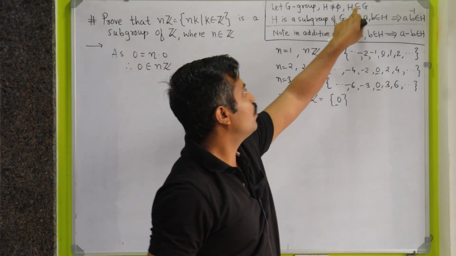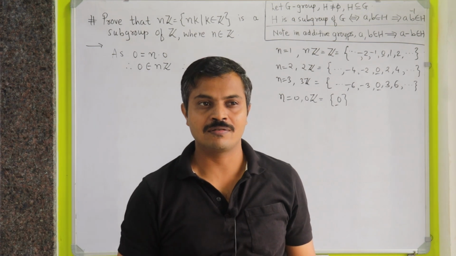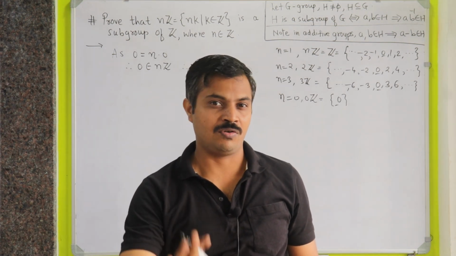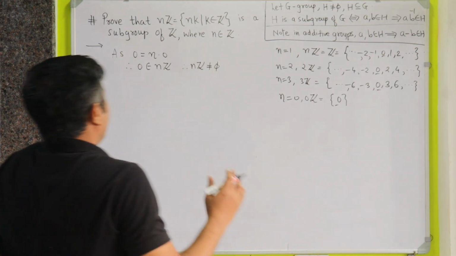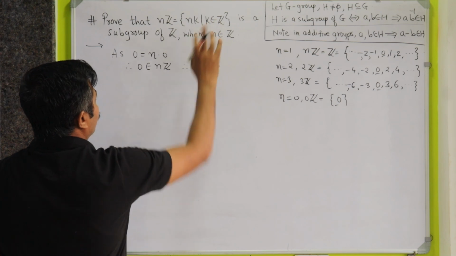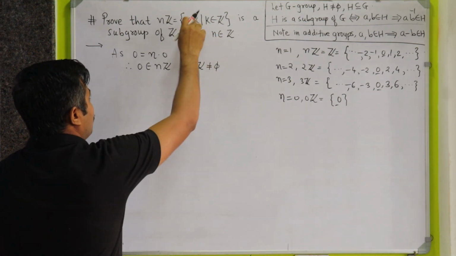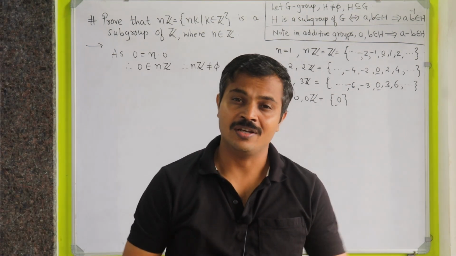Now the next thing is we have to show this nZ is actually a subset of Z, because we are proving nZ is a subgroup of Z. But that will obviously happen because n is a member of Z, this k is also a member of Z, so this product nk is going to be an integer again.